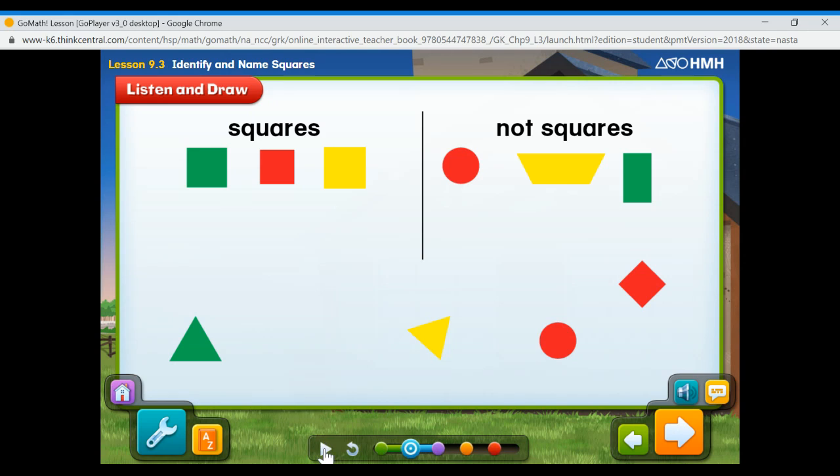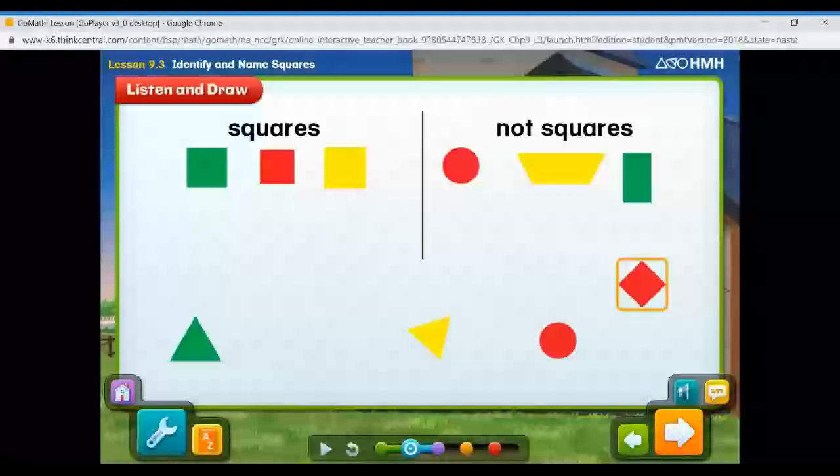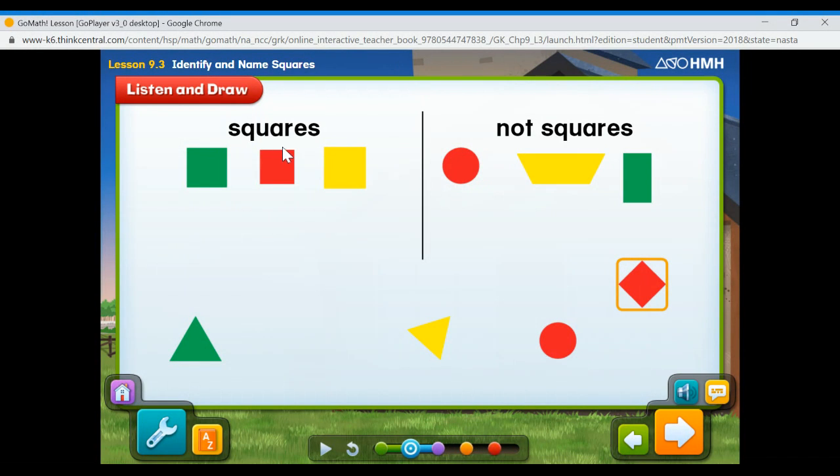The next one that's coming is really tricky. Ready? All right, let's take a look at this shape here. Now, it kind of looks like a square, but it just looks like it was turned a different way than the other squares.